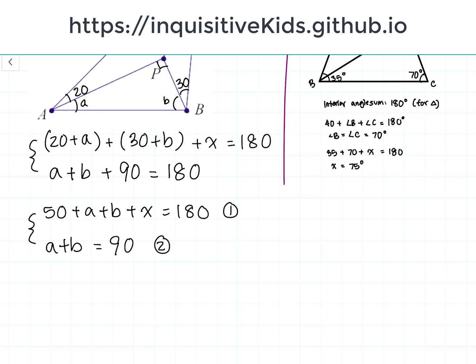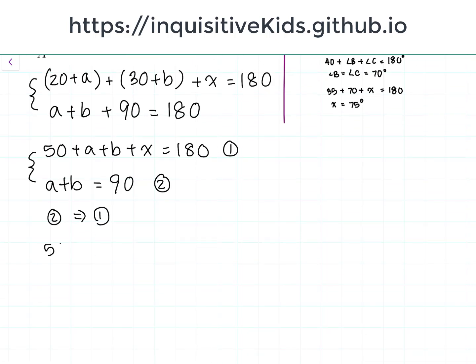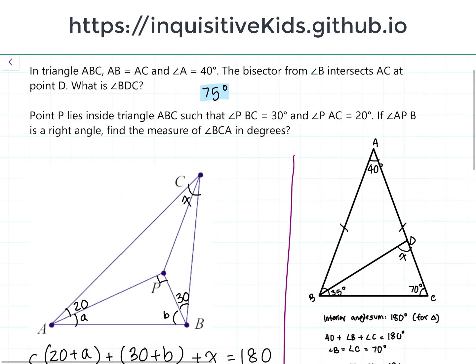Now we can substitute equation number 2 into equation number 1, which gives us 50 plus 90 plus X is equal to 180 degrees. If we subtract 140 degrees from both sides, we get X is equal to 40 degrees. So in the end, our final answer to this last problem is 40 degrees.